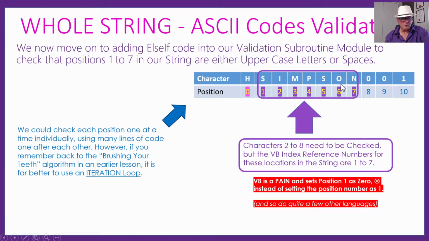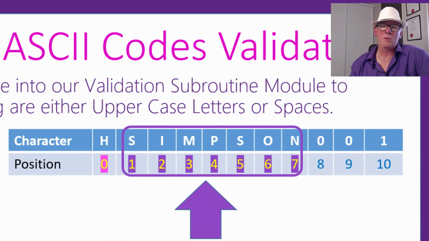Now, to check this, we could check each position one at a time. So we could say, okay, get the substring at position 1, comma, for a length of 1. So let's just check this one box here and make sure it's got a letter or space in it. Else if, that one's okay, let's go on to the next one.